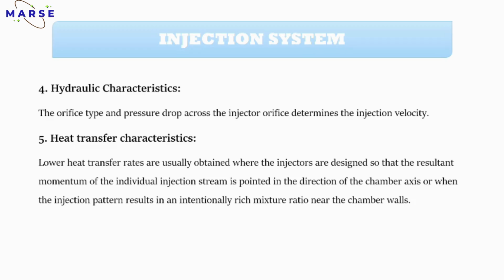When the combustion process starts, the temperature suddenly rises and it generates a high amount of heat. There is a chance of heat transfer to the motor part. Motor part means the combustion wall, so there is a chance of heat transfer to the combustion wall, and you have to take care of that.